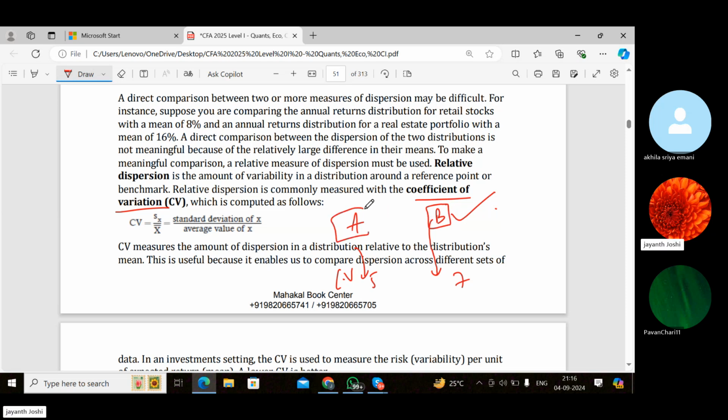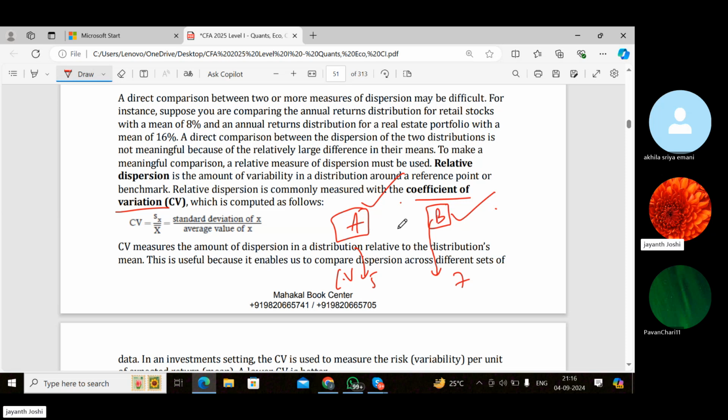And A is the less risky investment. You should expect satisfactory returns from A, but those returns cannot be more than B. Why? Because the variability, the volatility, the risk involved in investment A is less compared to B.